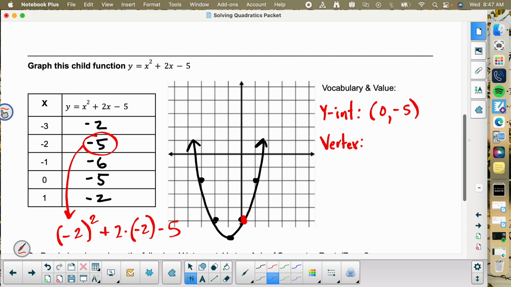So the vertex is gonna be the same thing on a U shape, it's gonna be the point or the tip. So right here is the vertex. And then we'll give it a point, right? So this is gonna be the point -1, -6. But good. Ellie? Someone else?